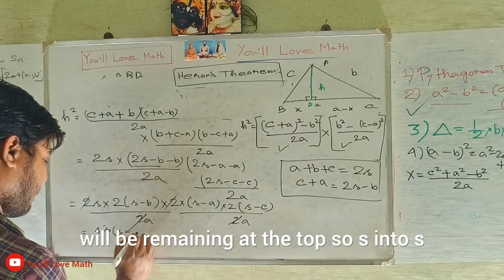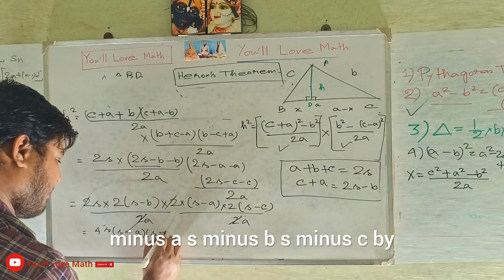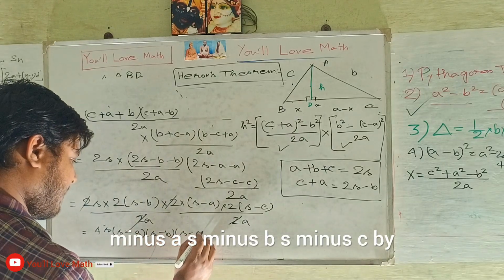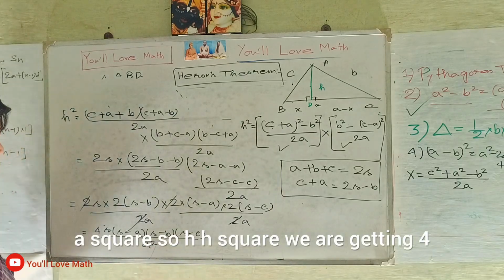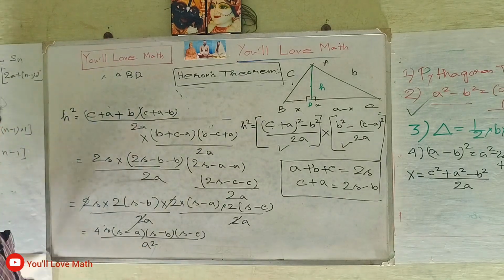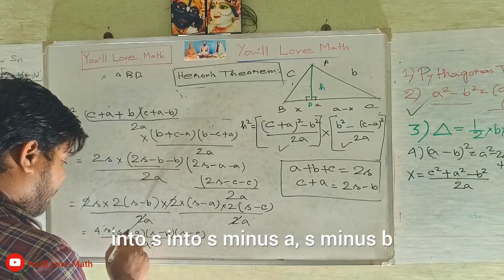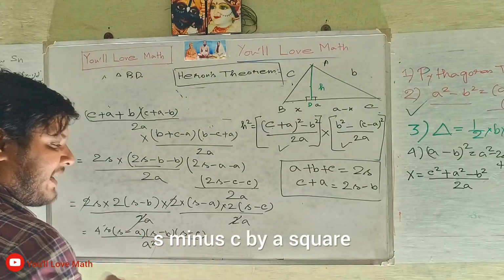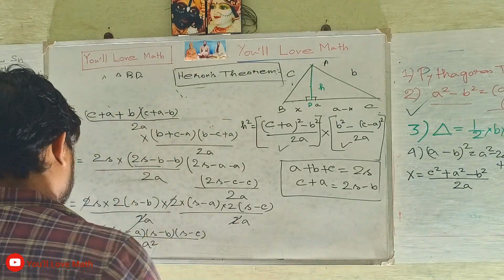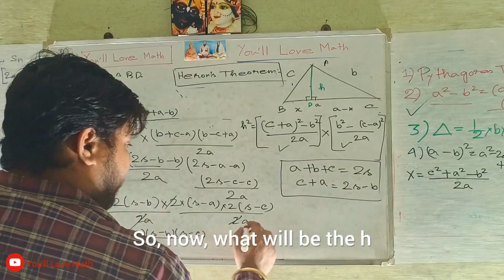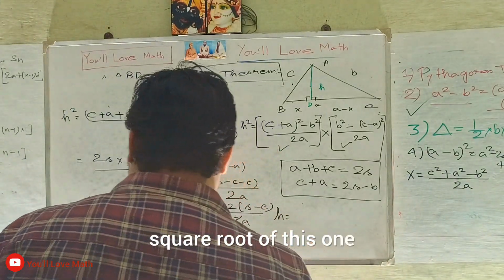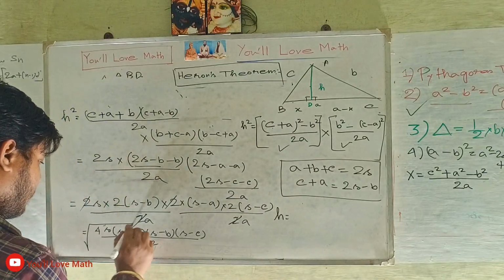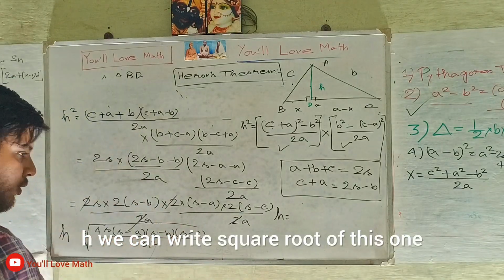So s into s minus a, s minus b, s minus c by a square. So h square we are getting 4 into s into s minus a, s minus b, s minus c by a square. Fine. So now what will be h? h will be the square root of this one.